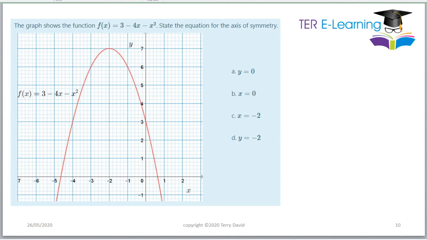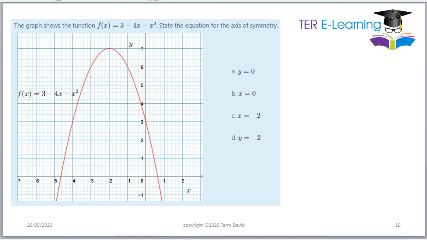So what is the answer for this one? So Sharice and Danica, they're saying C. Emily is also saying C.